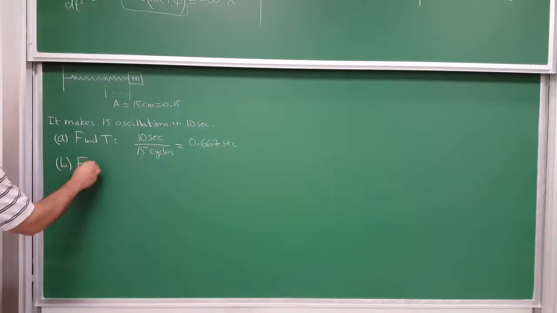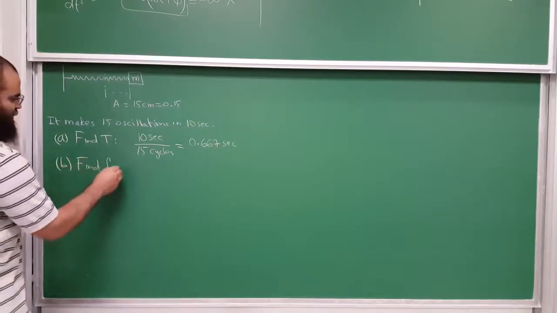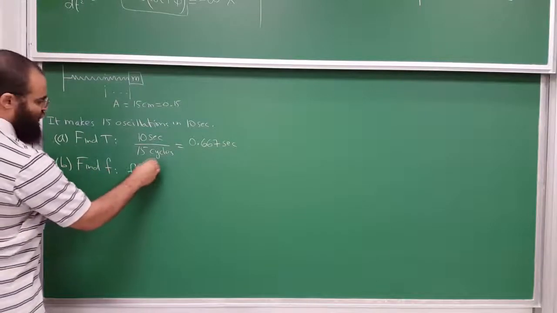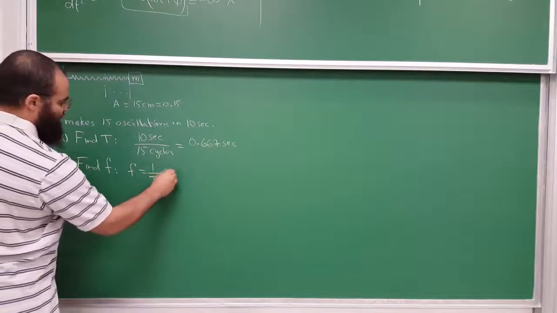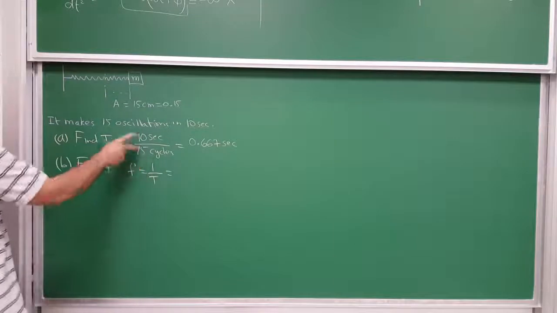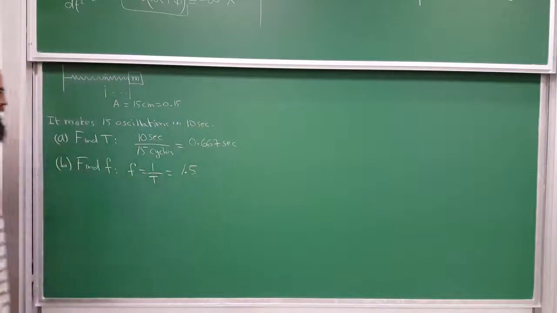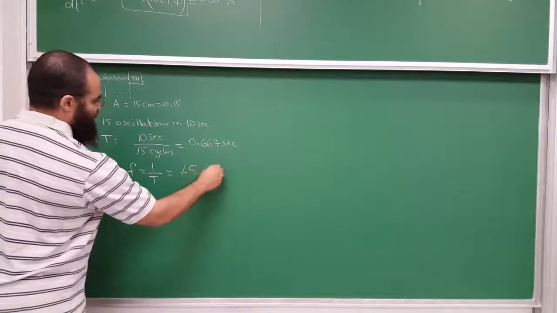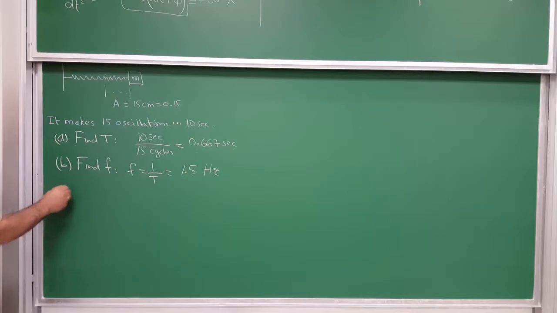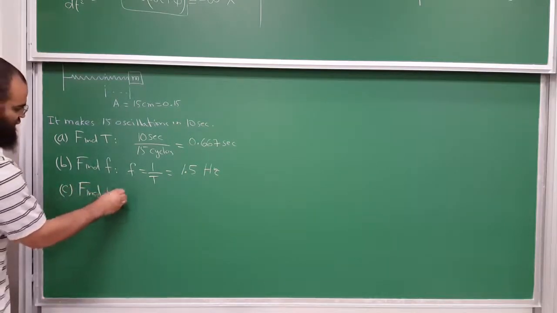The frequency is 1 over the period. So you just reciprocate this, so it would be 15 over 10 hertz, 1 over seconds, or hertz. Part C, find omega.